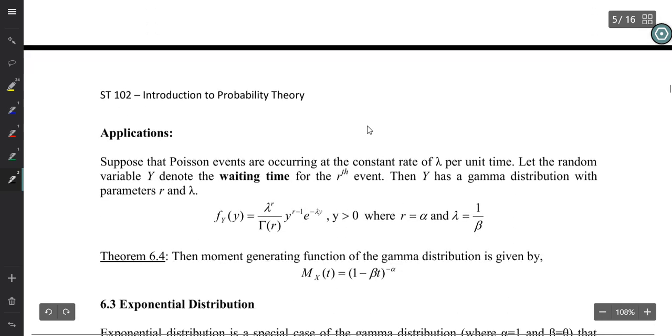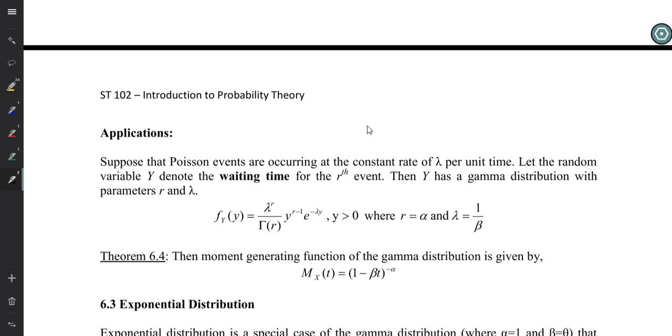Okay. Although we are not going to do any calculations based on the gamma distribution, because finding the probabilities is not easy with the usual form of the gamma distribution, here are some applications. This goes with the Poisson events. I hope you can remember the Poisson distribution that we discussed in chapter 5. If there are Poisson events that occur with the constant rate of lambda per unit time, so that is the parameter of the Poisson distribution, or the rate lambda per unit time.